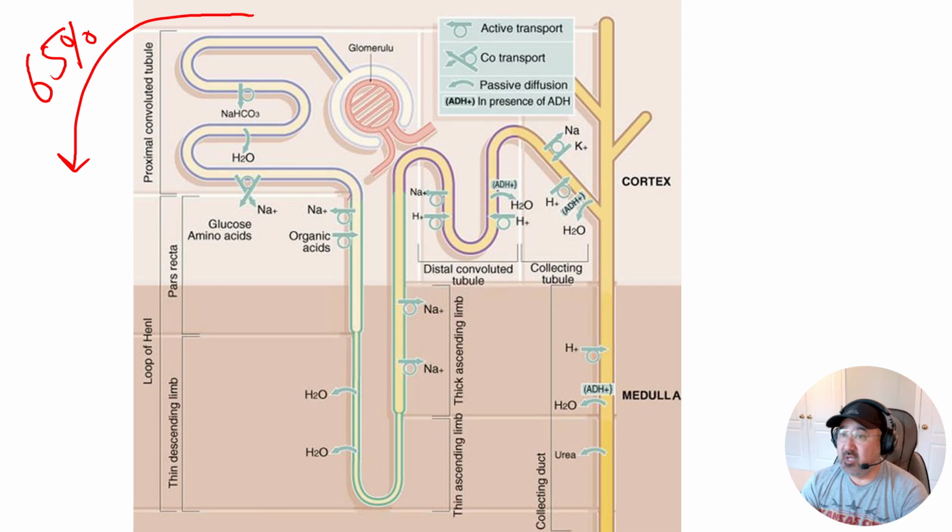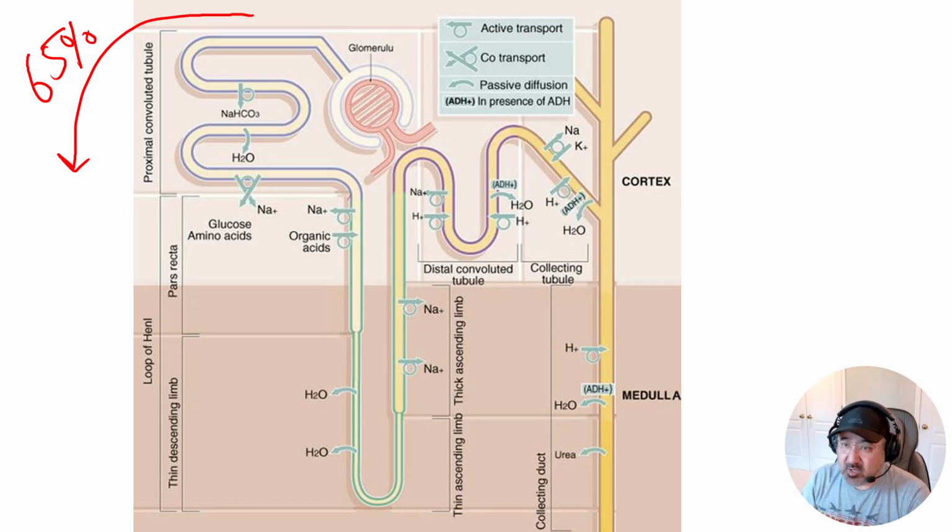That would be water, that would be potassium, sodium, glucose, amino acids, etc. They're going to be reabsorbed, not waste products. They're going to continue on. The reason why there's reabsorption occurring is because there's a lot of active transport going on in that proximal convoluted tubule. This is where mitochondria energy is needed to reabsorb.